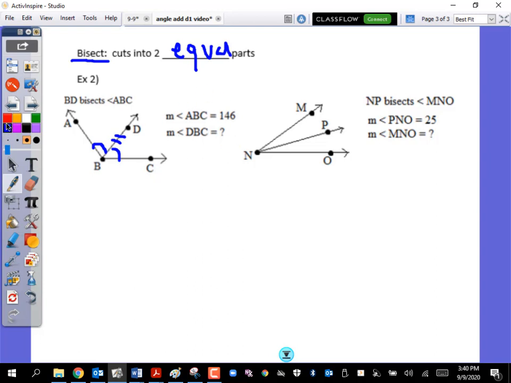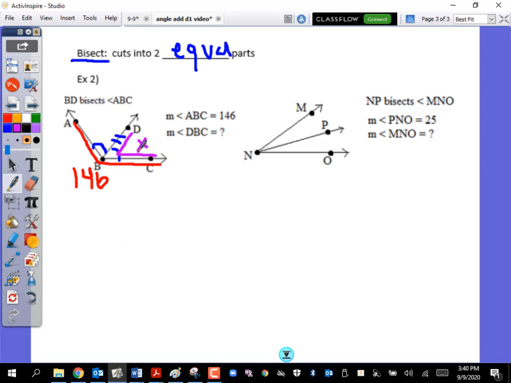So in this question, it said ABC is 146. So all of this is 146. And we're bisecting it, cutting it in half, because they want to know what DBC is. Well, DBC is the half over here.